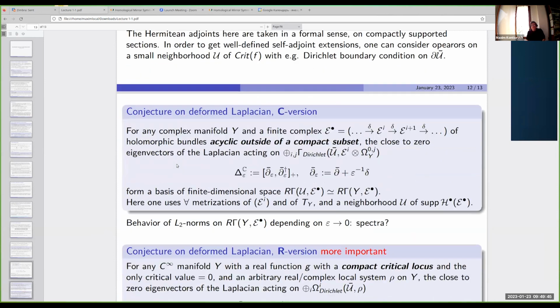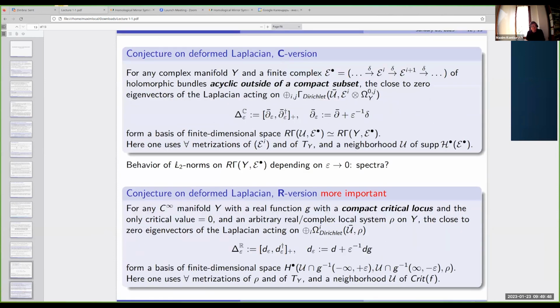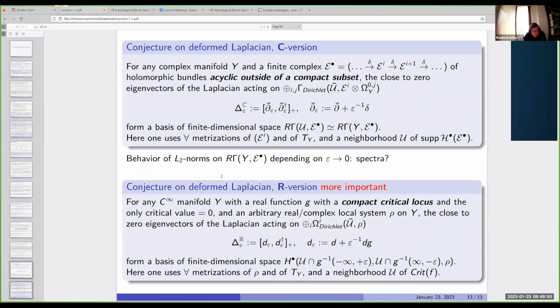And there are two conjectures with which I want to finish my lecture. It's about two different worlds. In the complex world, suppose I have a complex manifold with a finite complex of holomorphic bundles, acyclic outside of a compact subset.